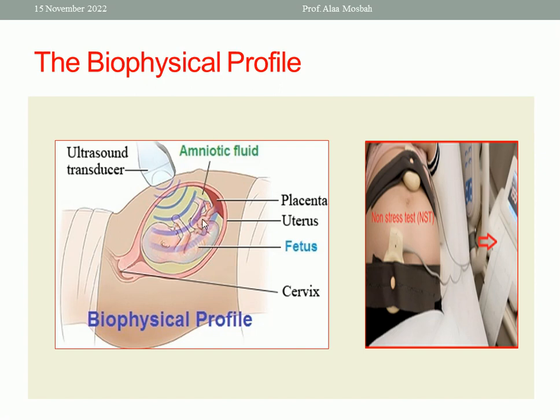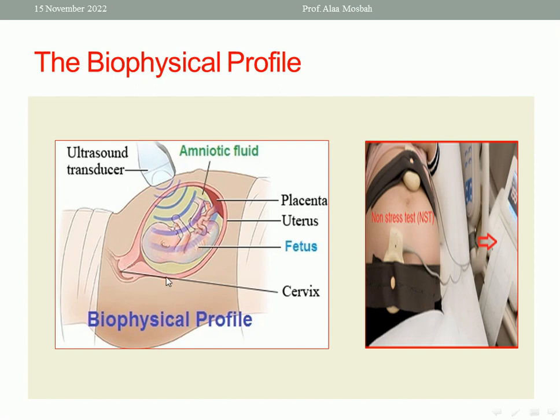So the sum of all quadrants should be between 5 to 20. If it is less than 5, it is abnormal. If it is more than 20 or 25, it is abnormal. Okay. So first we evaluate the amniotic fluid, either with single pocket or amniotic fluid index. Then we are going to evaluate the fetal breathing movement.